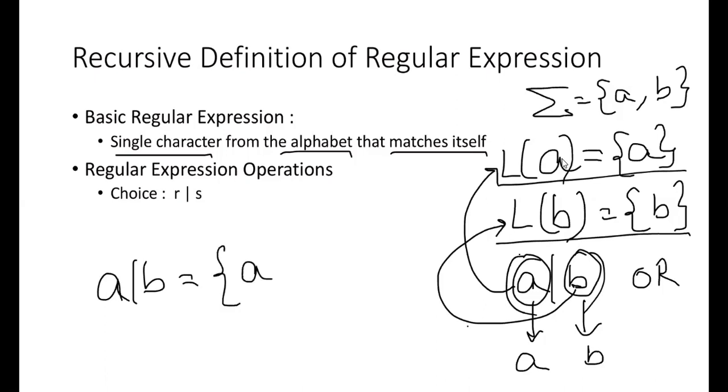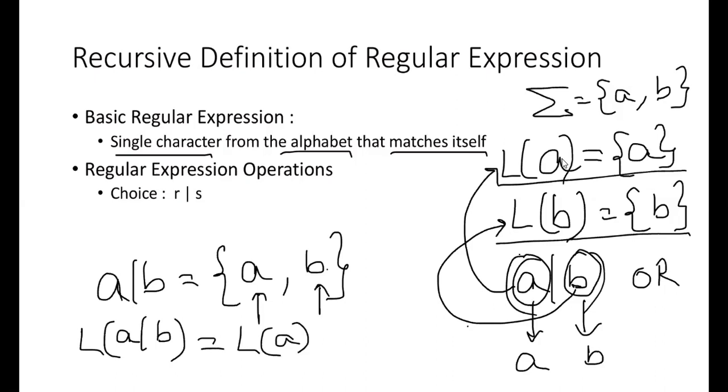It will have A as a valid element and B as a valid element, so the set is A comma B. The regular expression A or B recognizes both the string A and the string B. So in terms of language, when we write L of A or B, we can write it as L of A union L of B.